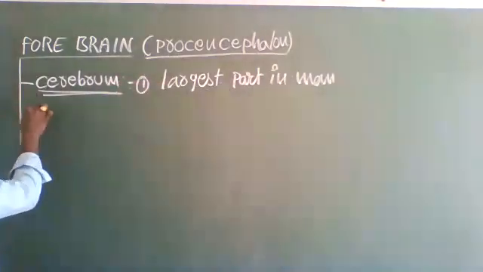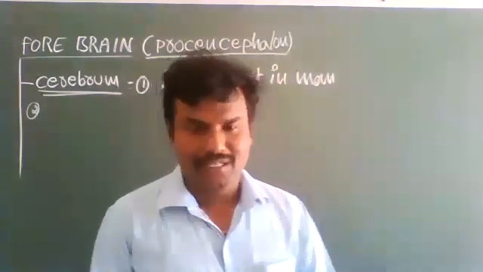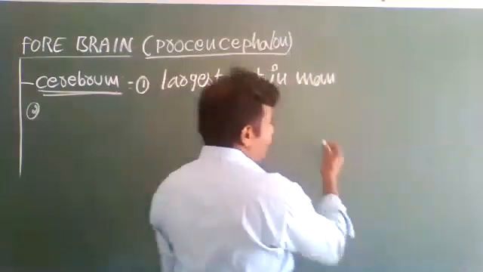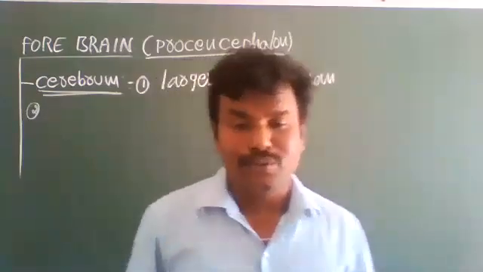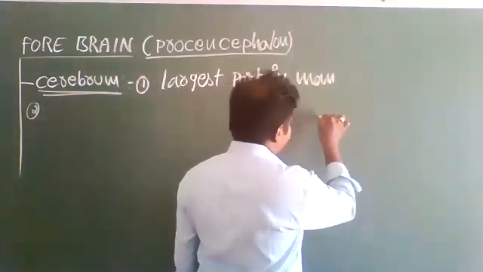So the cerebrum consists of two parts, two equal halves, two equal partitions. If we see the dorsal view, it is visible like this.